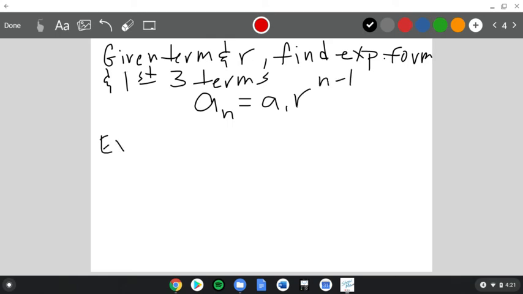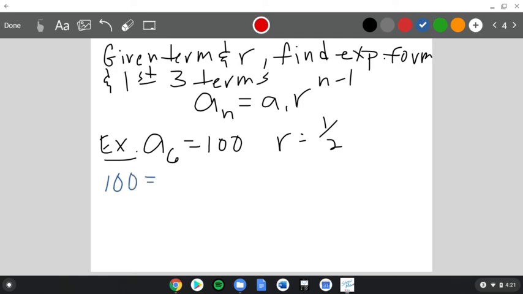We are given that our 6th term is 100 and r is equal to 1/2. So filling in the formula for a sub n, we'll put the 100. The first term is what we don't know. R is 1/2, and that's to the power of 6 minus 1. 6 minus 1 is 5.